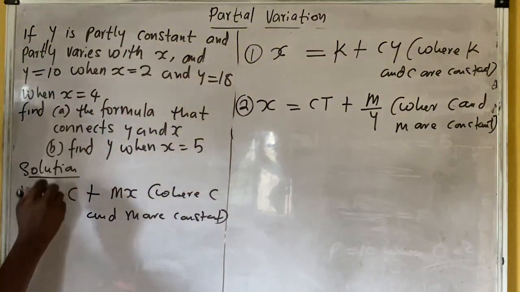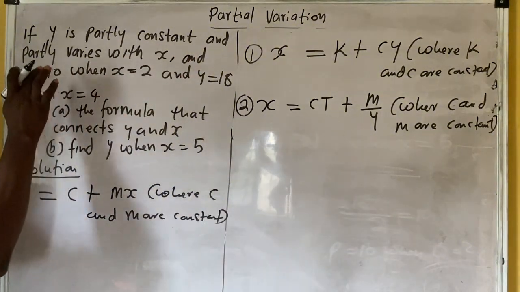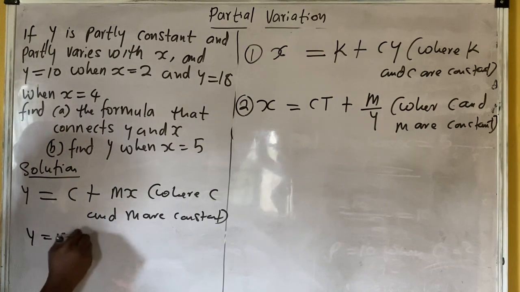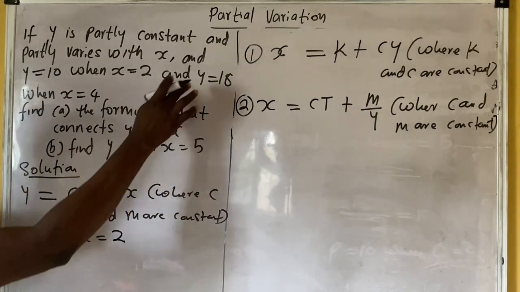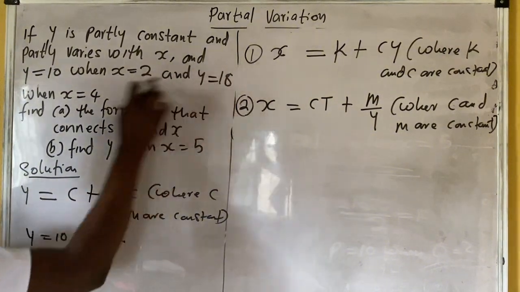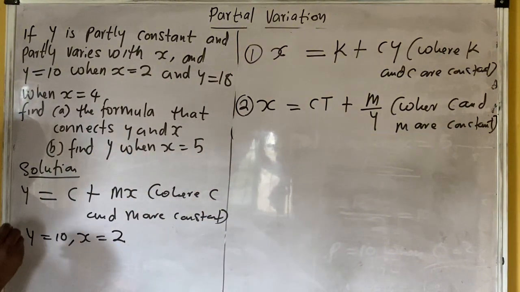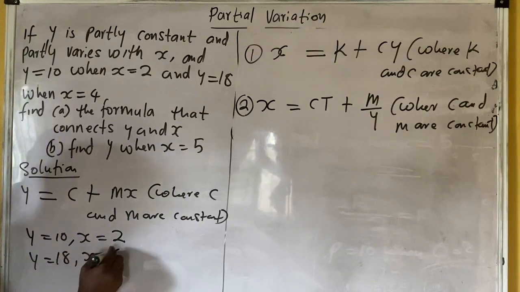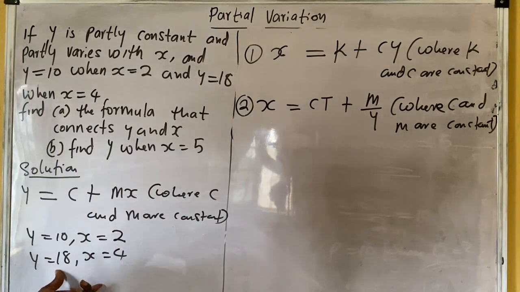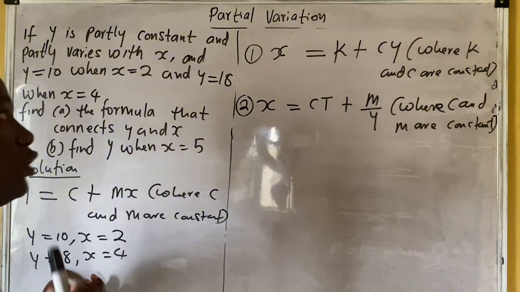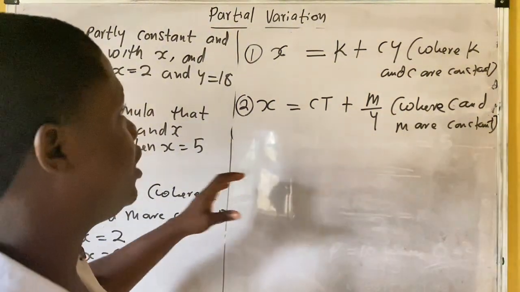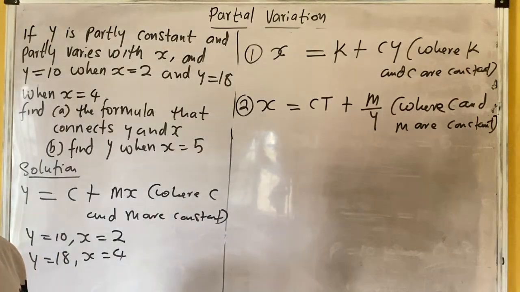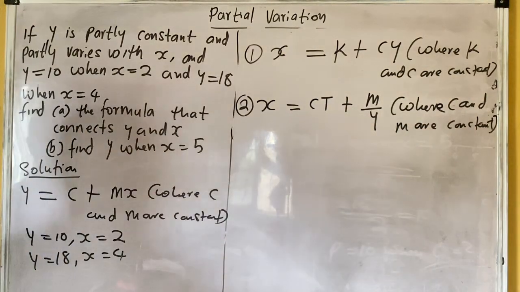From the question, y is equals to 10 when x is equals to 2, and secondly, y is equals to 18 when x is equals to 4. So this will lead us to simultaneous equation, and for you to solve problems under partial variation, you must understand simultaneous equation. Okay, so let's solve the problem.